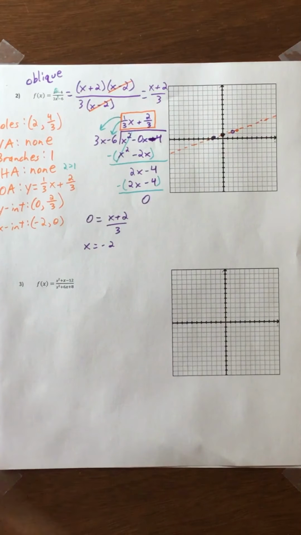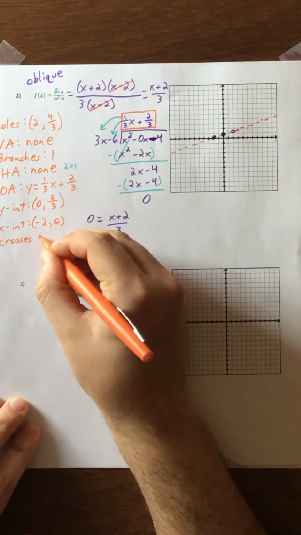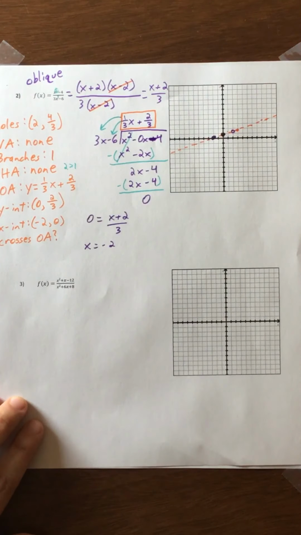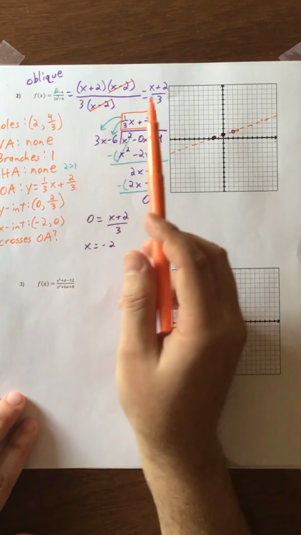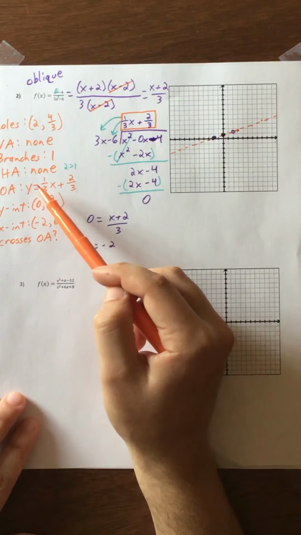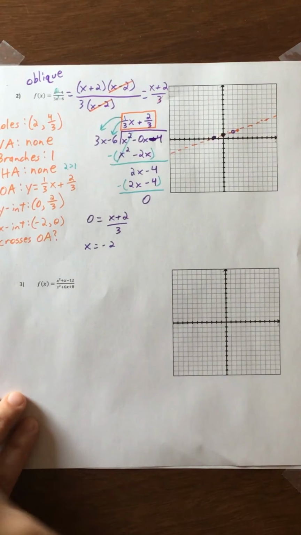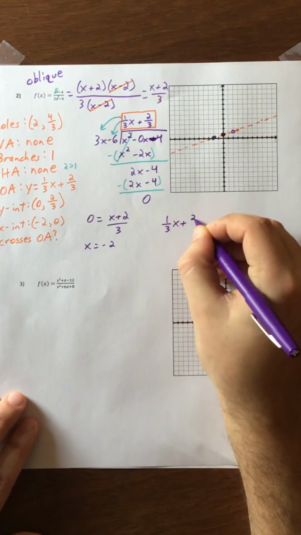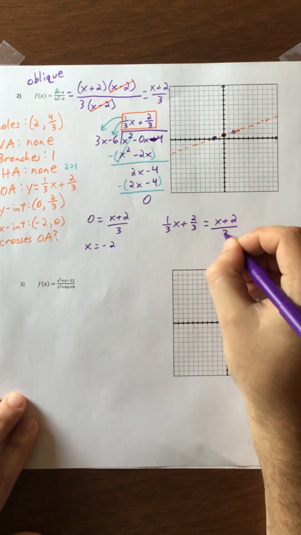And now we got to ask ourselves, do we cross the oblique at any point? Just like with the horizontal asymptotes, we took the horizontal asymptote, we're going to take the oblique, and we're going to set it equal to our simplified function. So I'm doing 1/3 x plus 2/3, and I want to see where does it equal (x plus 2) over 3.